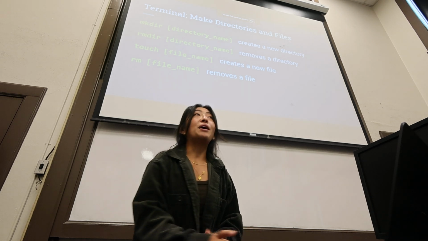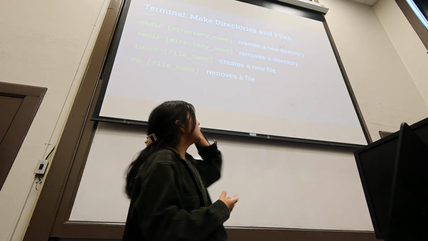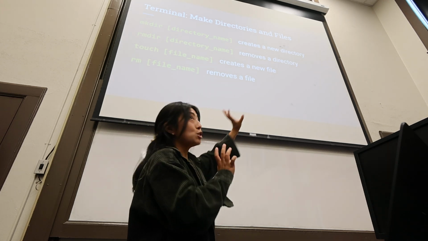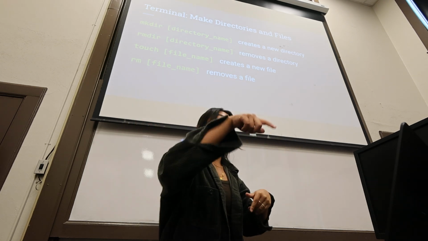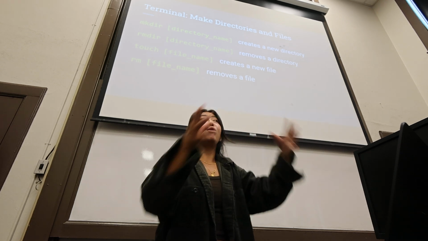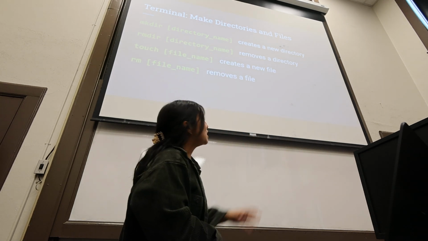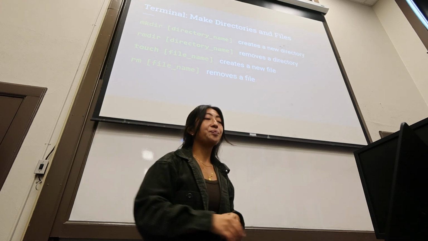Okay. So if you wanted to make directories or make different files, you could use these commands. mkdir, or make directory, and then you specify the name of the directory. It will create a new directory or a new folder that you could put files into. If you wanted to remove an entire directory and all of its sub things, you specify the one you'd want to remove, and that removes the entire folder.